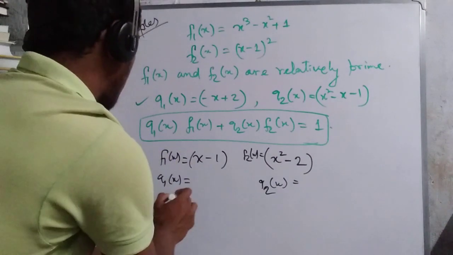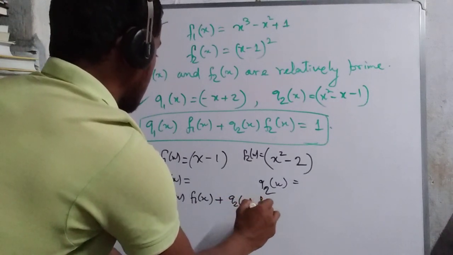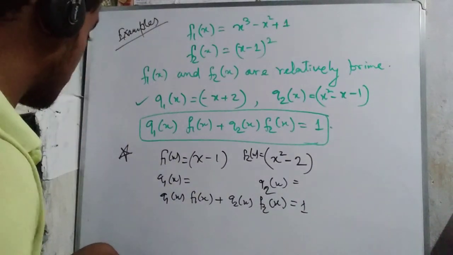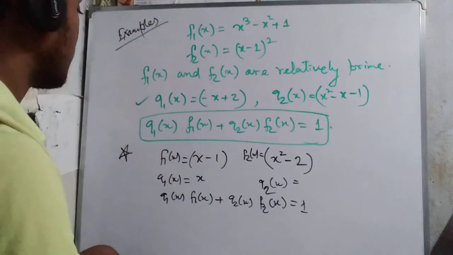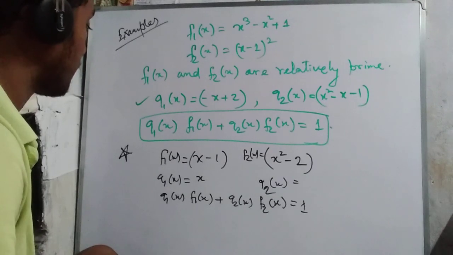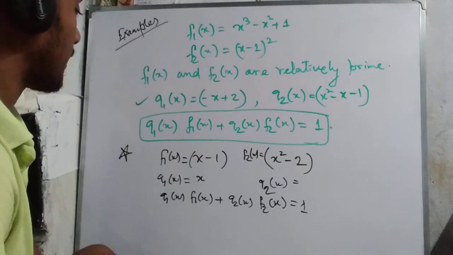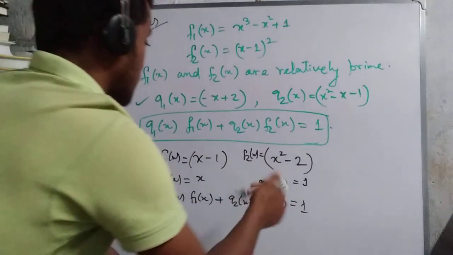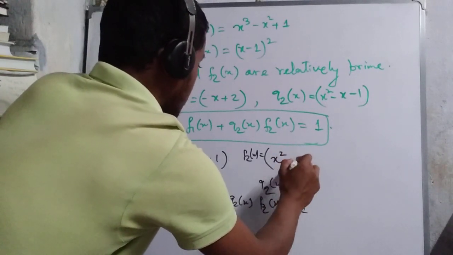Then we find q1(x) f1(x) plus q2(x) f2(x) equals 1. If we write x here, then we get x squared minus x, and if we write q2(x) equal to 1, then we erase that portion and match this one.